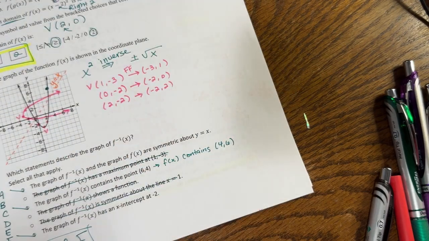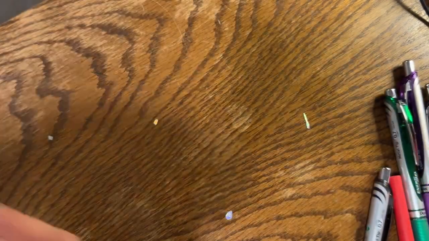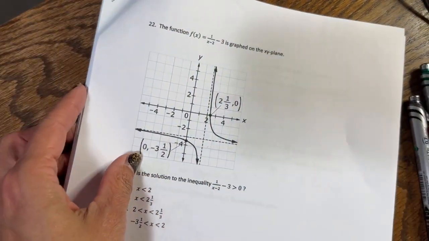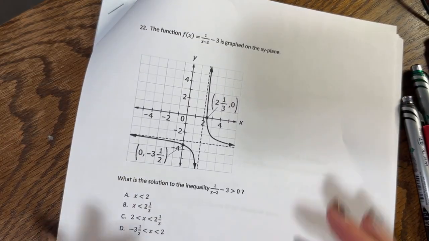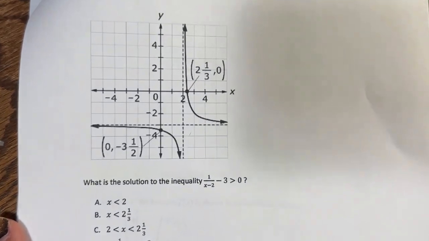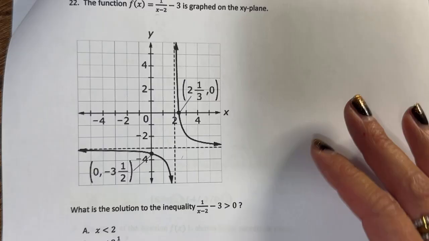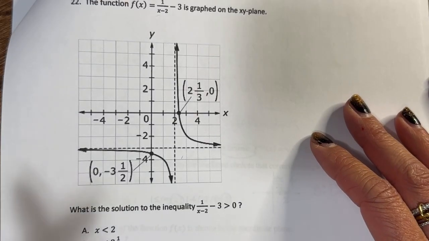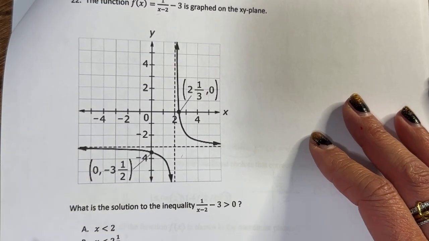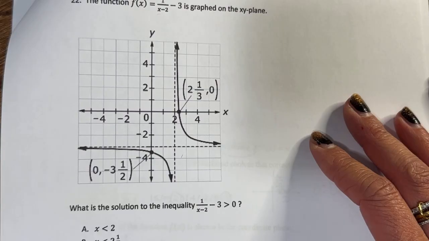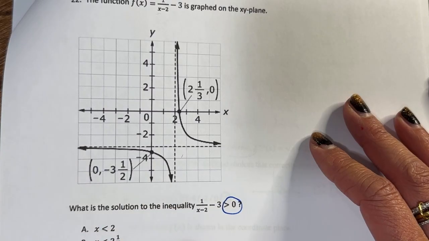And this one is the last one, the last of the Mohicans. All right, number 22. We just talked about these. So here is our rational graph, and we're talking about an inequality. So it says the function f of x is graphed on the xy plane. What is the solution to the inequality when it is greater than 0?